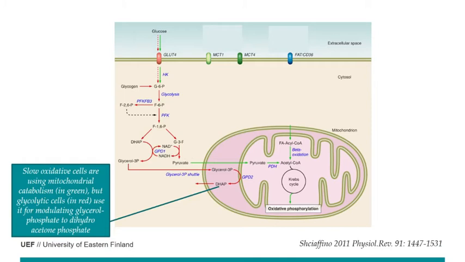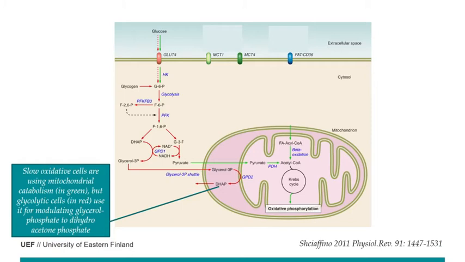But actually these glycolytic cells are using it for different purpose. So instead of turning pyruvate to acetyl coenzyme A, that is over here in the green arrows in these oxidative cells, these glycolytic cells are putting the glycerol 3-phosphate inside the mitochondria to produce dihydroxyacetone phosphate. So they are just using it for one modulation of one single molecule.